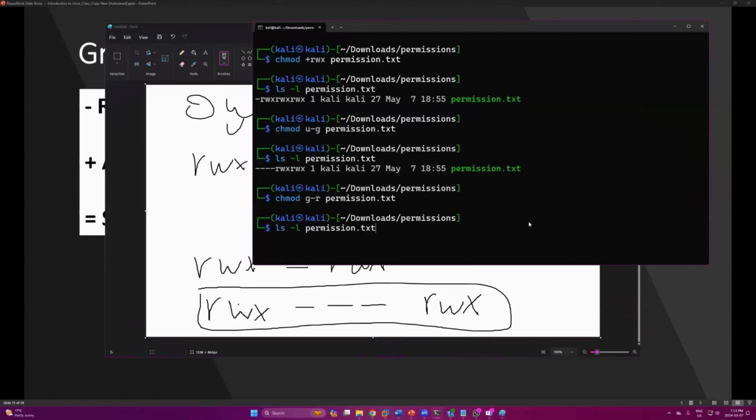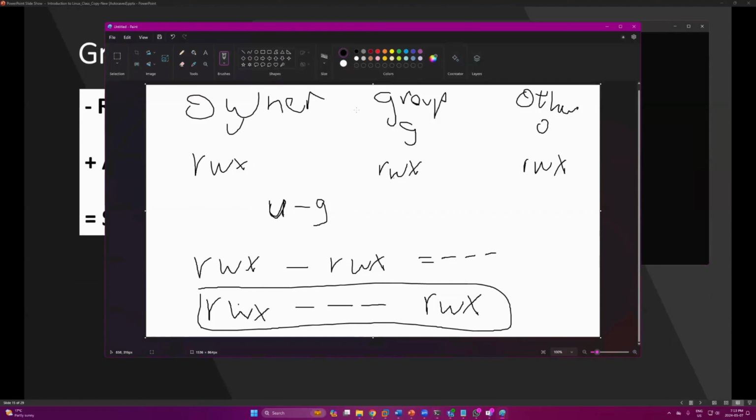From which group now? From the group, we should only have the write and execute. Okay, so we got a different answer. We should have the write and execute, but you said that the R is gone?